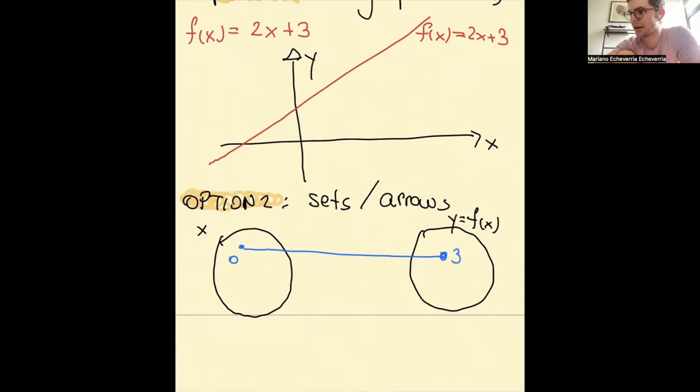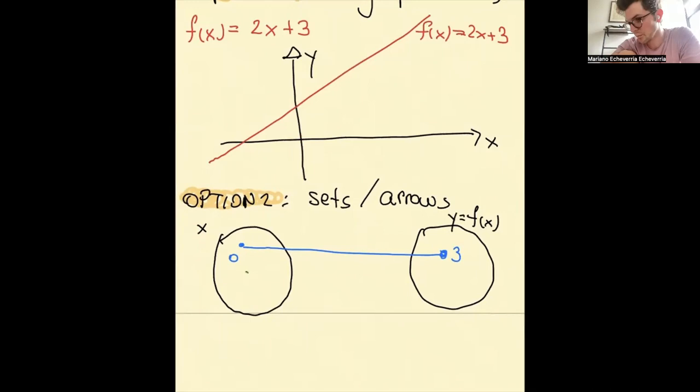Or if you take the value x to be 1, let's put an arrow to indicate that it goes from x to f of x.